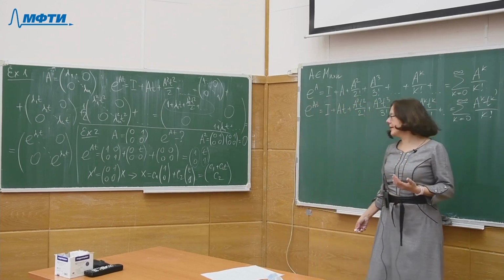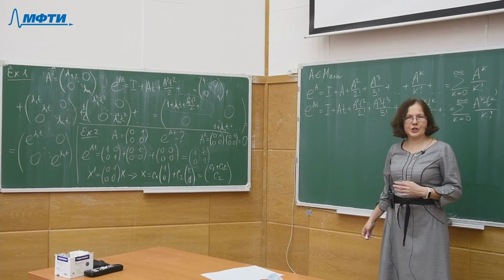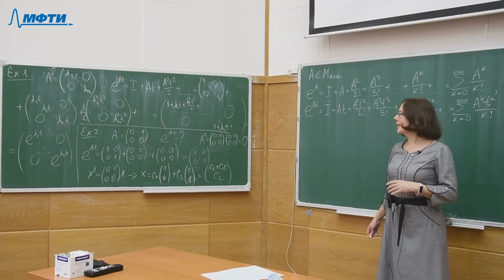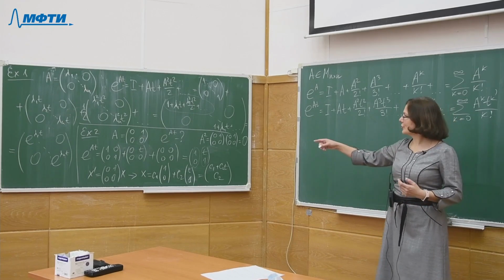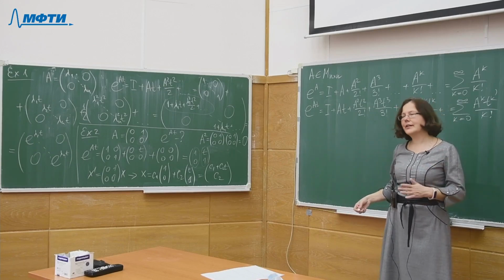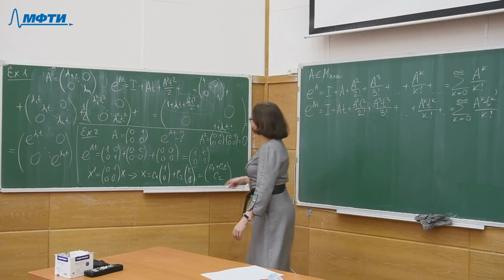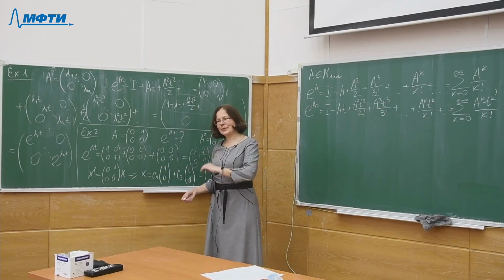So the same formula was obtained during the last lecture, by another method. We tried to solve the differential equations separately. First we solved the last equation, which is x2 prime equals 0, right?